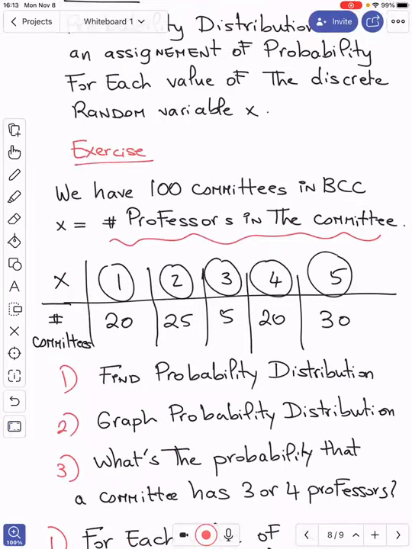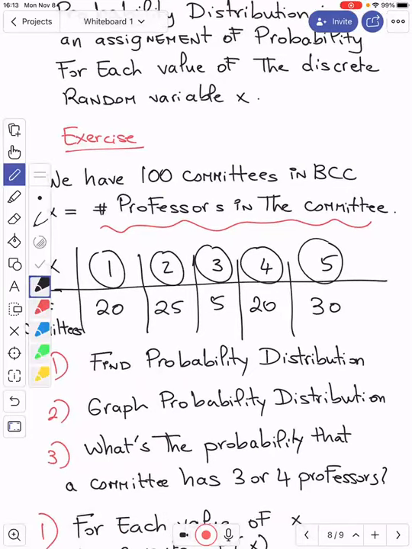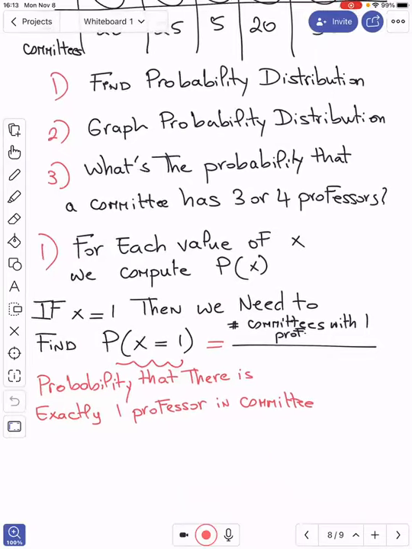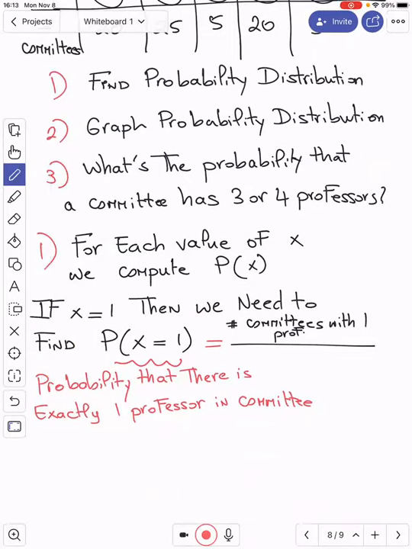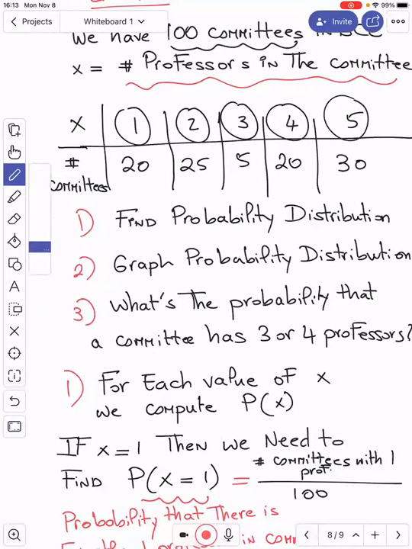So the sample here is the survey. In the survey, in total, we have 100 committees, right? So the size of the sample is 100, so we divide by 100. So the probability of x equal to 1, the number of committees with exactly one professor, is this number right here, 20.